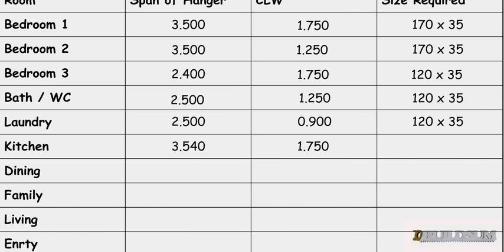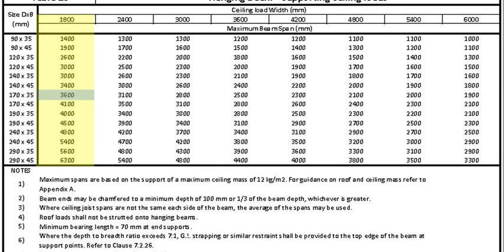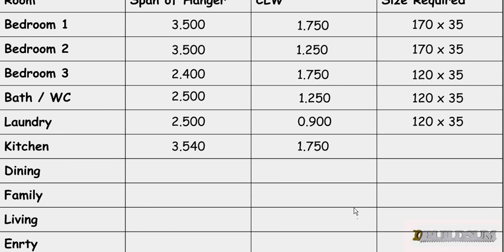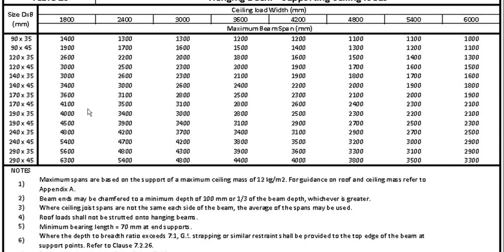Yep, we're still under 3.6, so we can use the 3.6 there. And 170 by 35 for that hanging beam. Now the dining room is just over 3.6, so we're going to have to go up a size. And same ceiling load width. So in this case, we can't use 3.6 because it's under, we have to go to 4.1, so we're going to need to use 170 by 45.